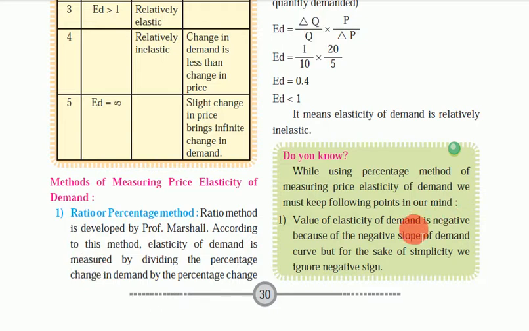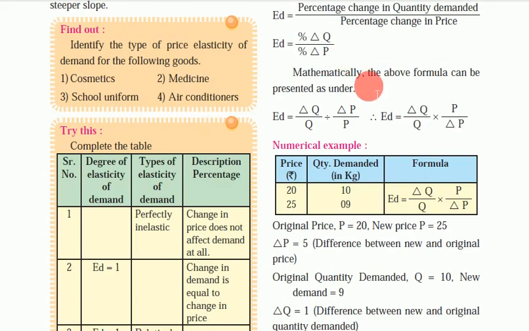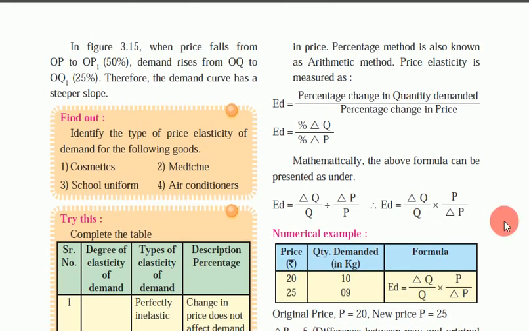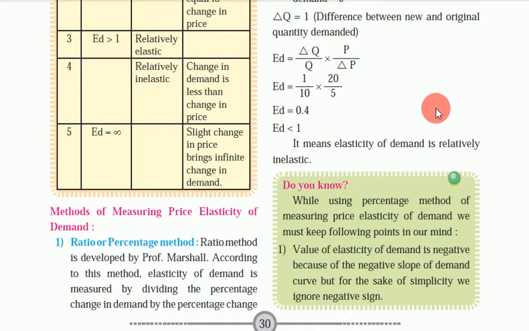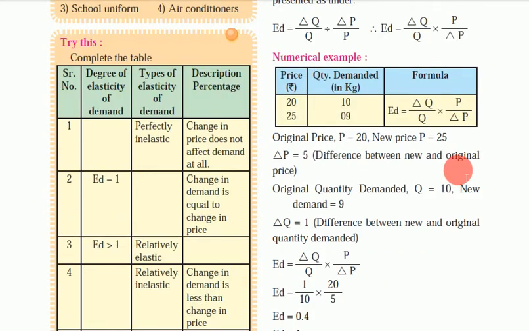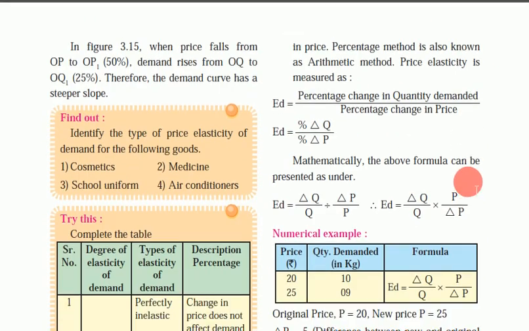By applying this formula, we can calculate the elasticity of demand. This is called the percentage method, or ratio method, of measuring price elasticity of demand.